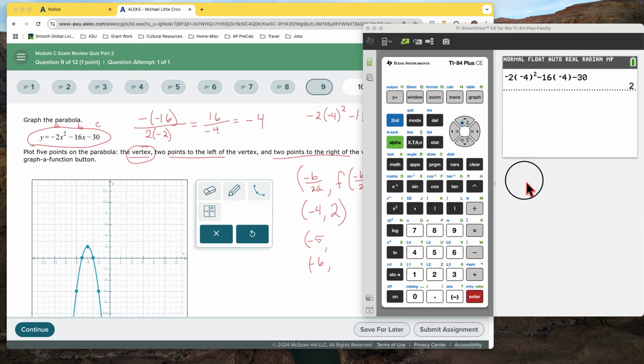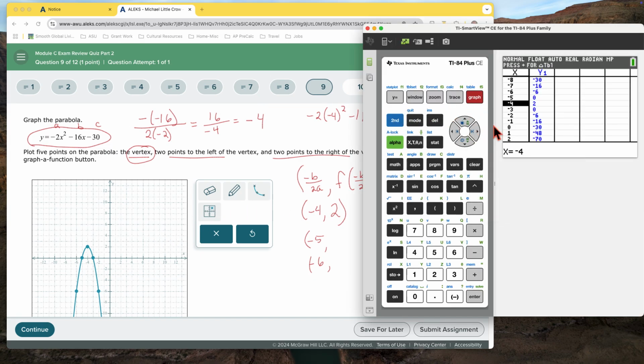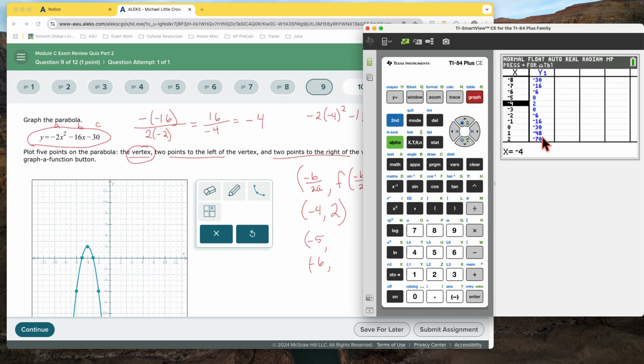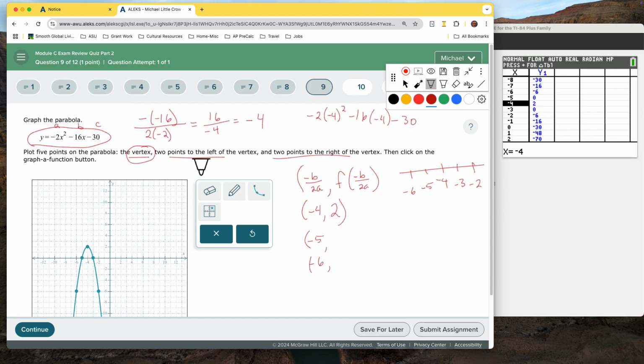Again, being able to come here and go to the table, it gets it to us right away. Additionally, we can look at the graph this way, and we can see the overall flow of things. This is how it looks. We get a picture view of it. We get the numerical. We got a lot of information here on what's going on. Whereas this one, we're doing a lot of calculations. But again, if you didn't get a graphing calculator, there is a way to get through it, but you're going to have some calculations.